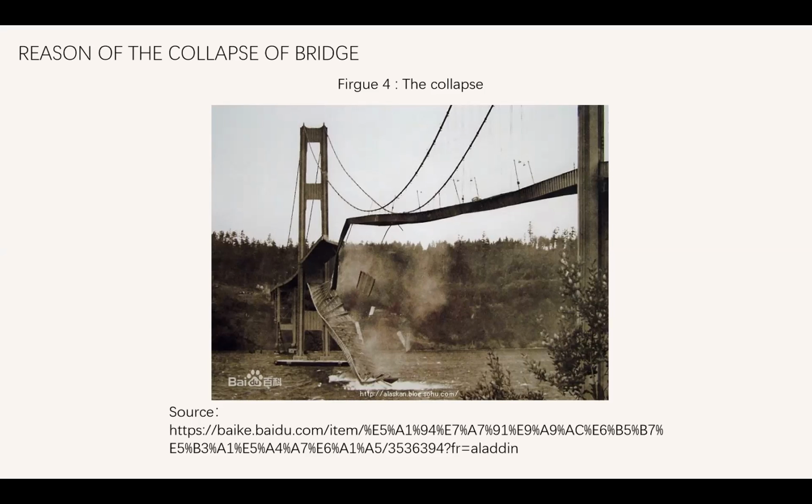Resonance occurred when the torsional oscillation met the natural frequency of the Tacoma Bridge. In fact, resonance induced by external forces might happen in all similar suspension bridges. So that's why we chose the Tacoma Bridge as a typical example.